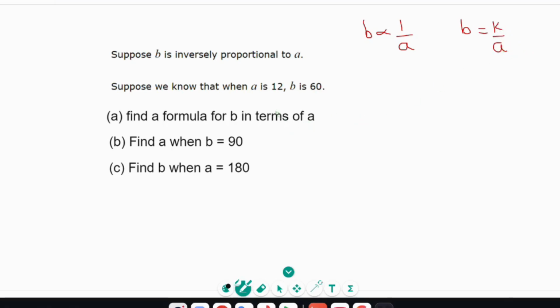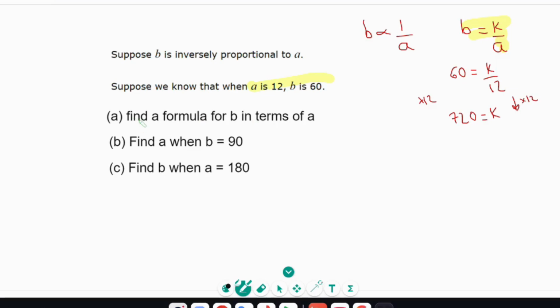Suppose we know that when A is 12, B is 60. Let's just replace this information into our formula to find K. So B is 60, K over 12. How do we make K the subject here? We times both sides by 12. So K is 720.